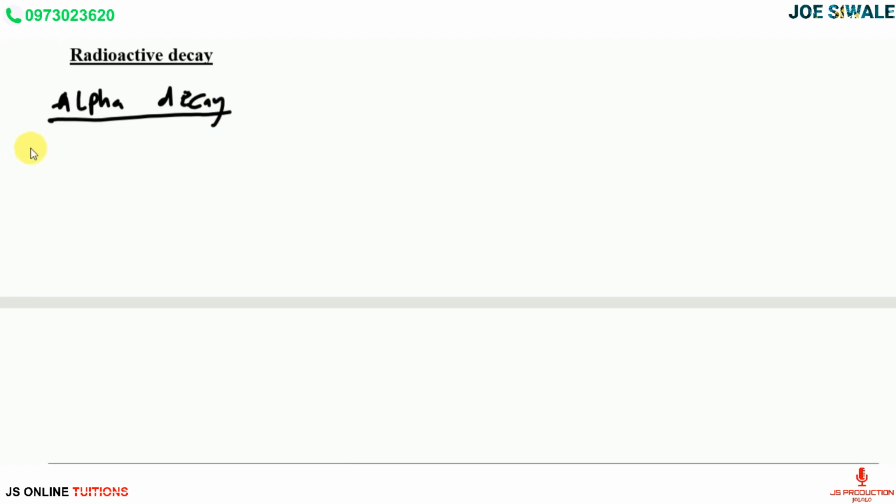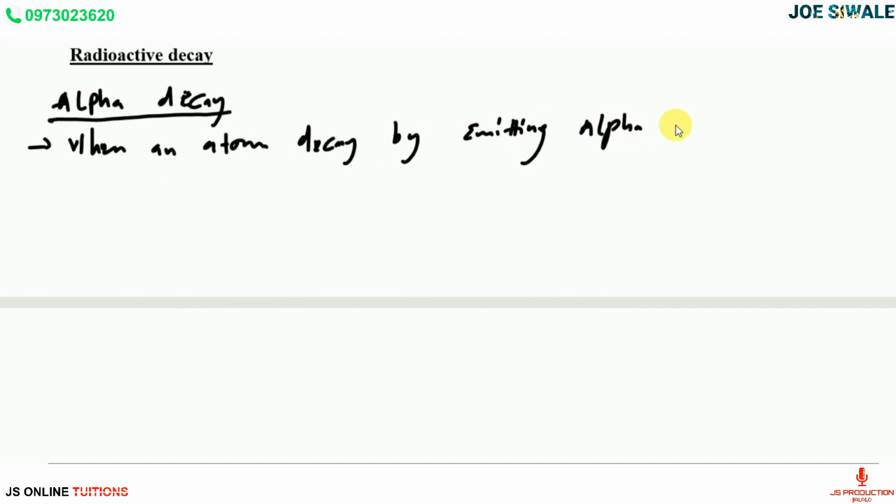So when an atom decays by emitting an alpha particle, it changes into an atom of an element which is 2 places earlier in the periodic table.